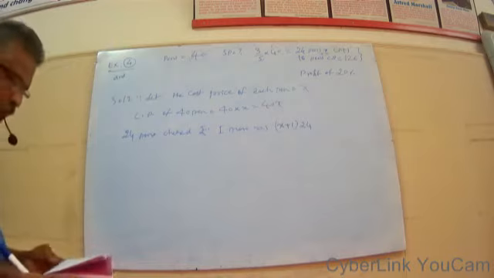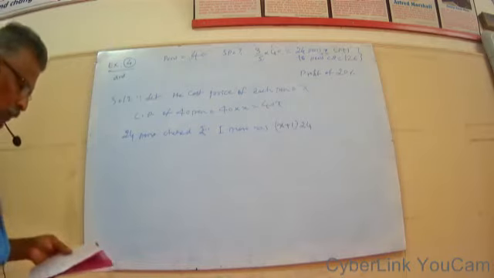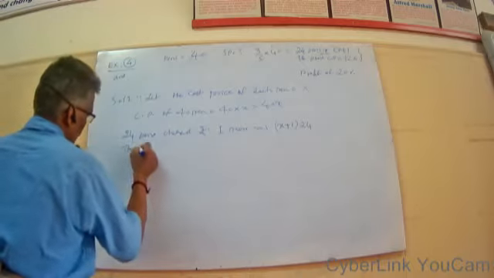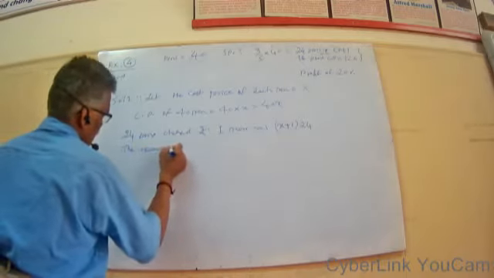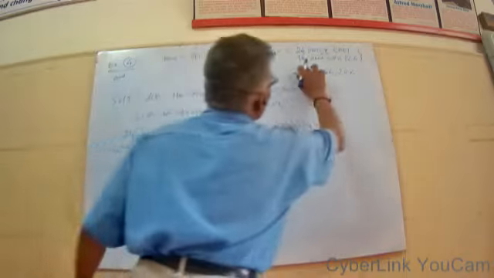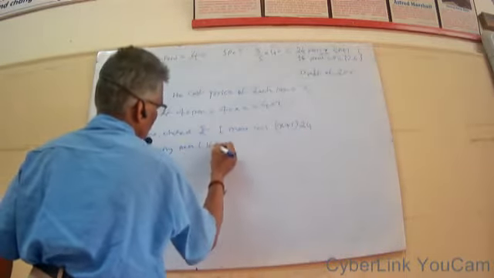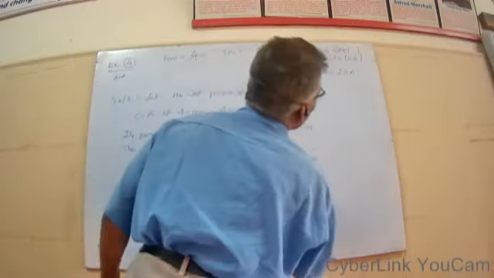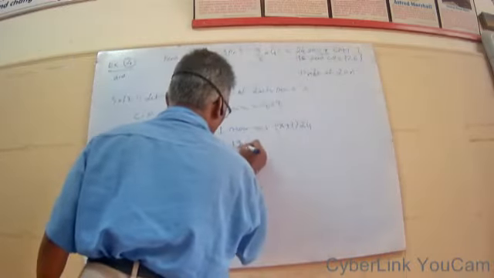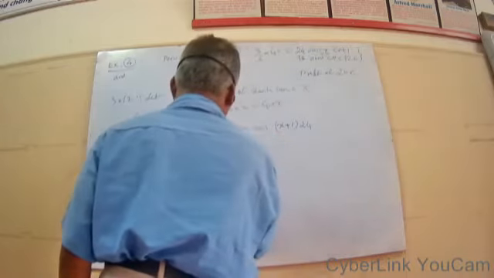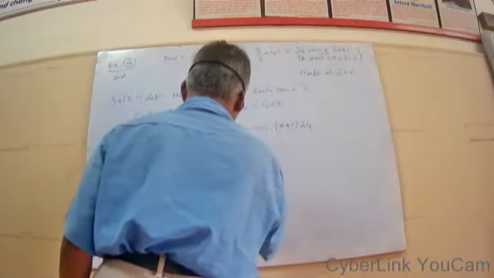Now the remaining means 16 pens. The remaining pens, 16, were sold at rupees 126.